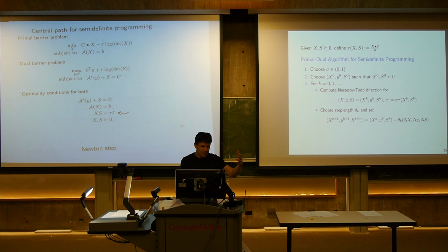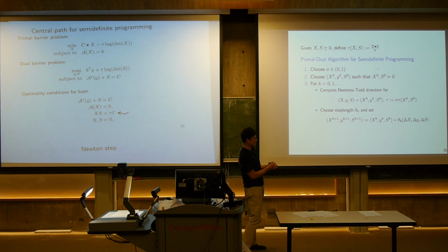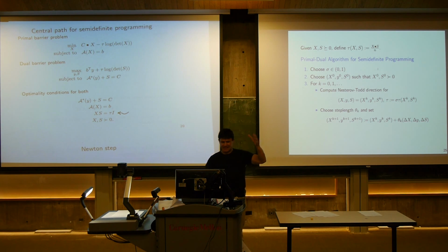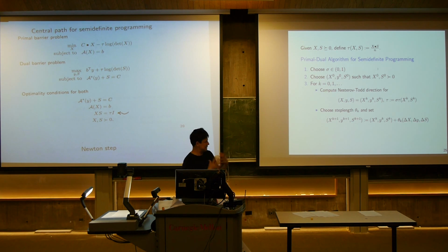But it's of course much more complicated, because the Newton equation that was so simple in the linear programming case, and so simple in the previous version of the primal dual method that I described in the first half of the class, now, if you want to extend that to semi-definite programming, you have to mess around with this Nesterov-Todd direction. It's much more involved.